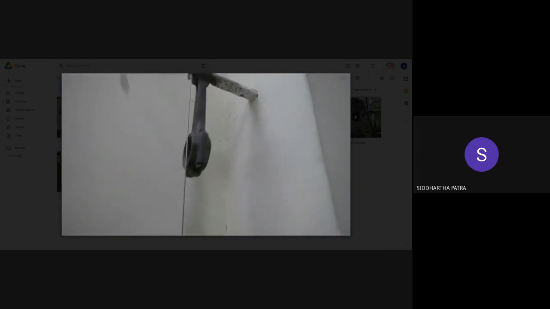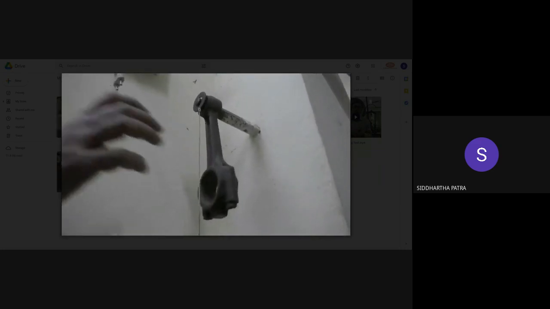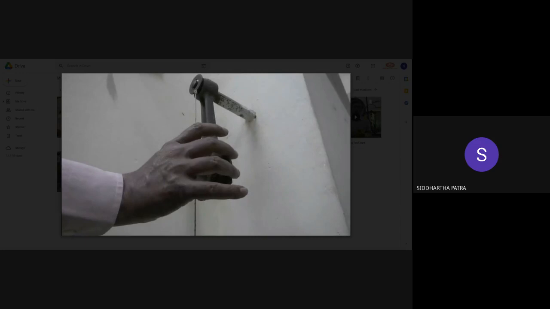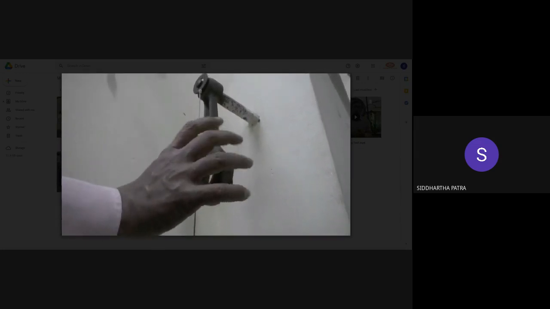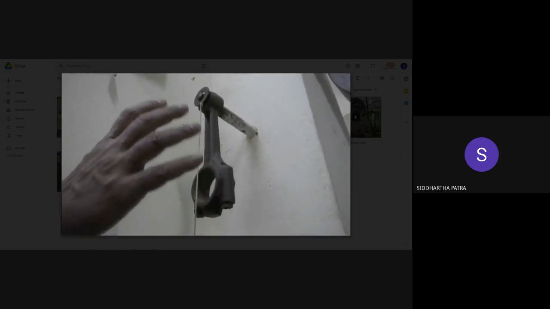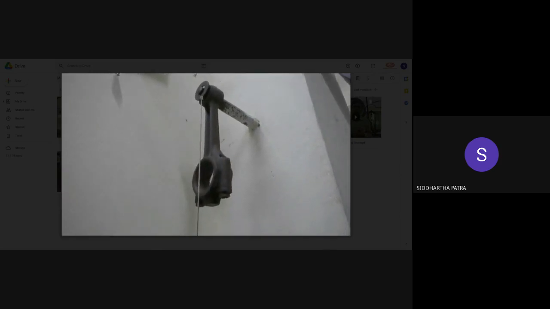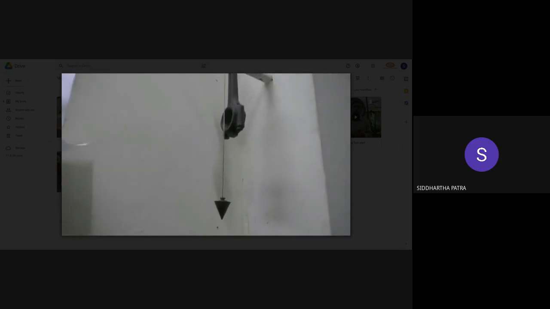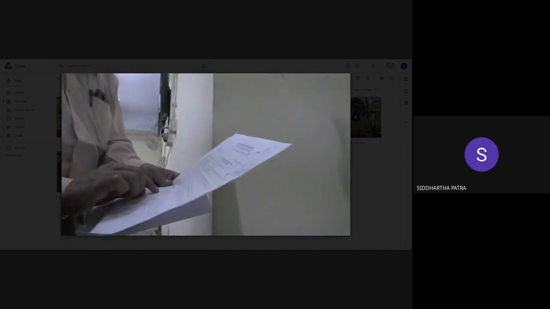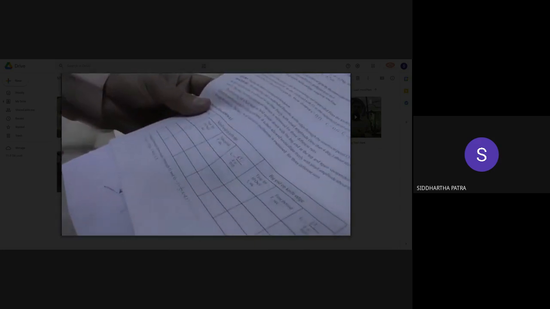Now we will measure its time period. We will give a small angular departure from the vertical line, then leave it on its own and it will vibrate, and we are interested in finding the period of vibration. Since the period of vibration is small and difficult to measure, we will measure the time period of 10 oscillations using a stopwatch.